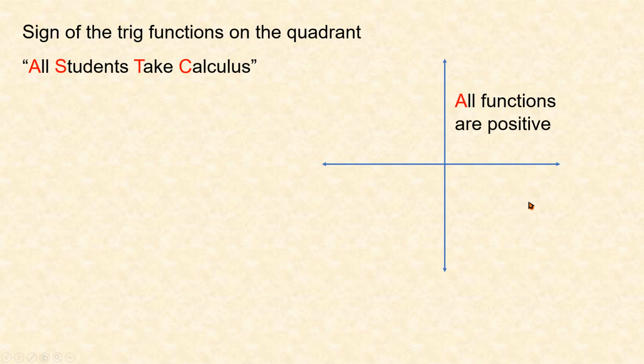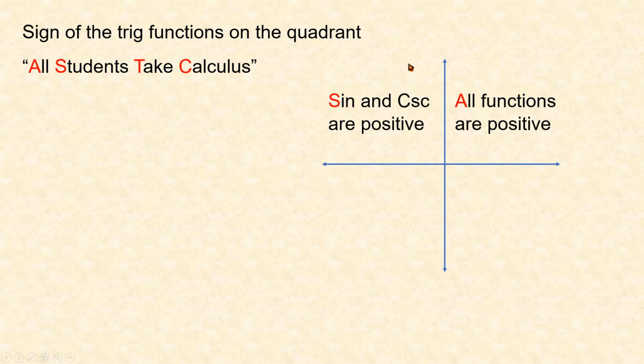All is in the first quadrant, so all functions are positive in this quadrant. All six functions are positive here. S is for sine, so sine is positive in this quadrant. And sine is the same as cosecant, because they're like twins.